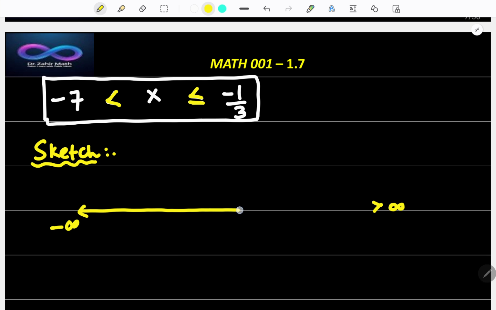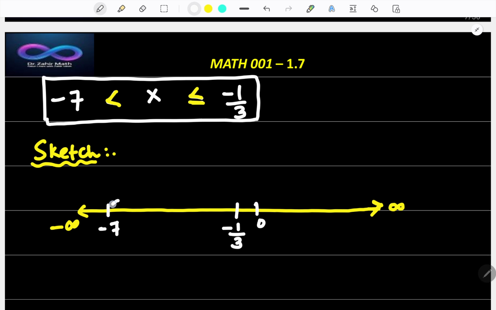We take 0 here, and we take minus 7 here, then minus 1 here, minus 2 here, something like that. So minus 1 by 3, this is 1. So let me write here minus 1 by 3.